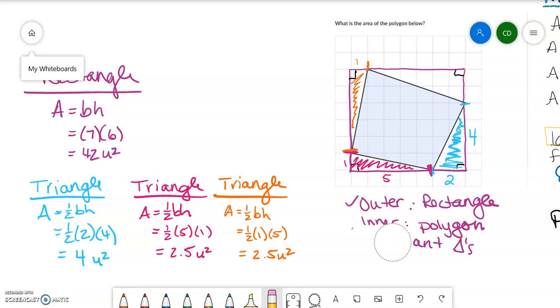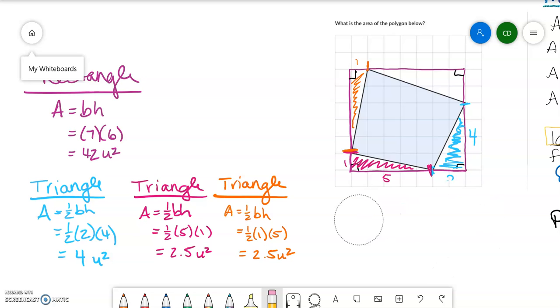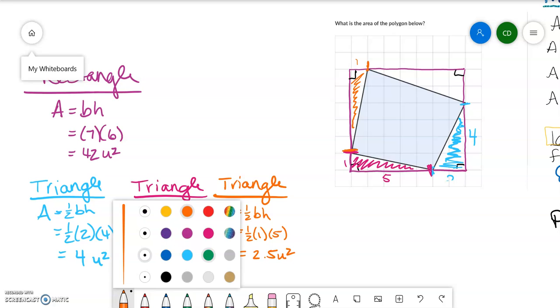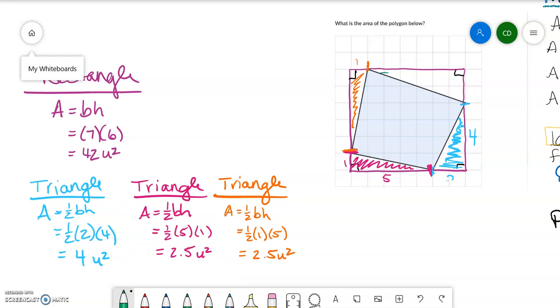I'm going to get rid of our plan so we kind of know what we're doing now. Okay. And let's do the last one. Pick green. That green triangle right here.